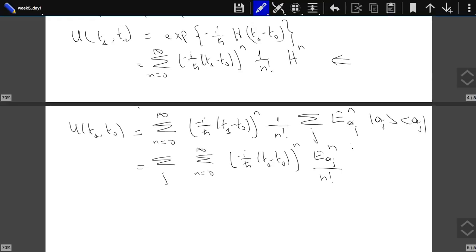This is h bar over 2 times sine e over h bar times t. And the Sx expectation value squared plus the Sy expectation value squared just turns out to be h bar squared over 4. Well, you see, if you just look at these, the Sx expectation value and the Sy expectation value, the spin is basically rotating around the z-axis.